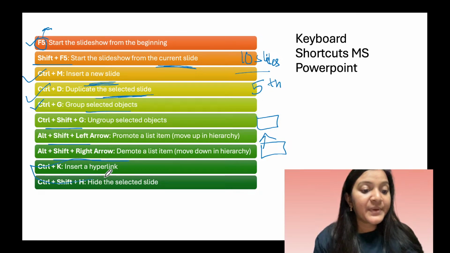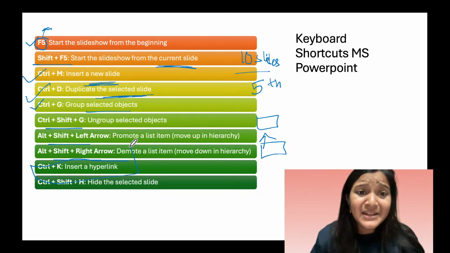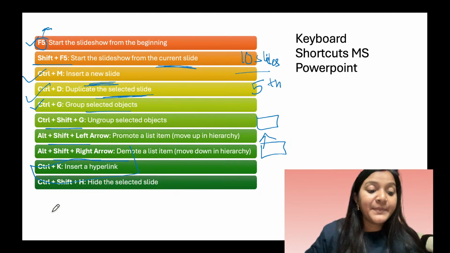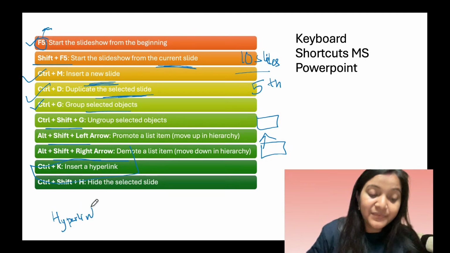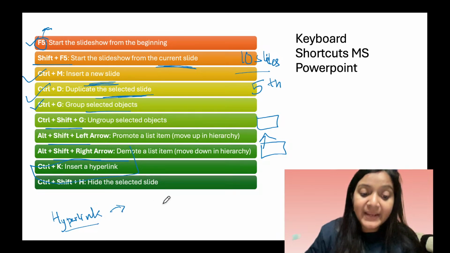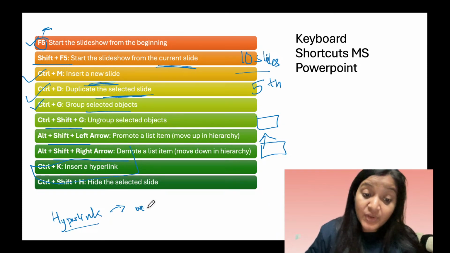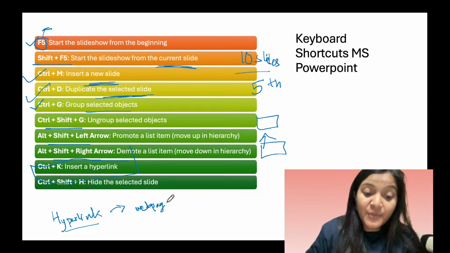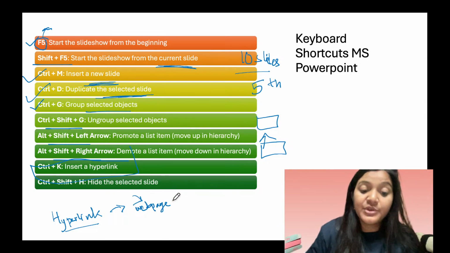To insert a hyperlink, press Ctrl plus K. What is a hyperlink? Hyperlink means a link to a separate file. If you are on Microsoft PowerPoint, you could be linking a separate file or a separate web page. Like let's say from Wikipedia, you want to add a page to your slide.